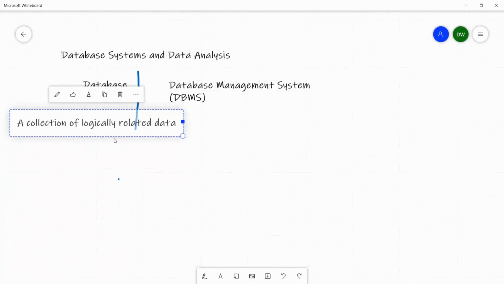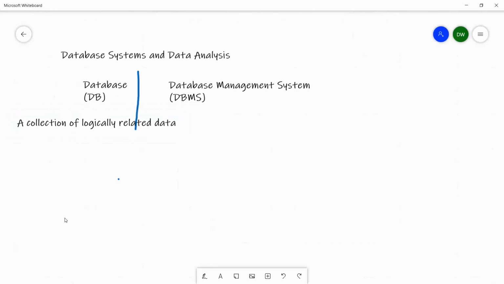Logically related means we have data, and in between those data there are some relationships, right? The way those data are related will depend on the way you have recorded those data in that database. So when you ask what is a database, you will have to mention that it is a collection of logically related data.